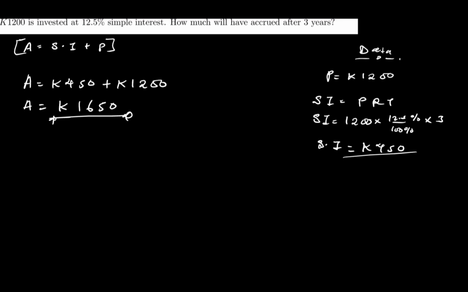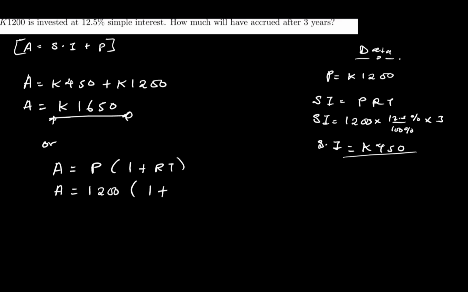We can also find this using a simpler way, where we can just say accrued amount is equal to the principal amount times 1 plus the rate times t. So we could say that this is equivalent to 1,200 times 1 plus the rate.